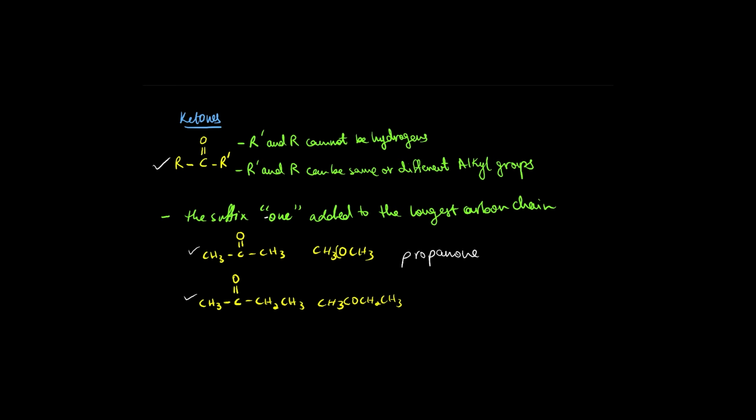Then the next ketone in this series is a 4-carbon ketone which has the name of butanone. Now this can also be called butan-2-one. Why? Because the second carbon has the double bond O on it, right? So it can be called butanone also.